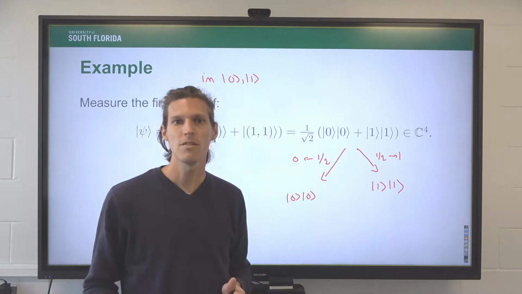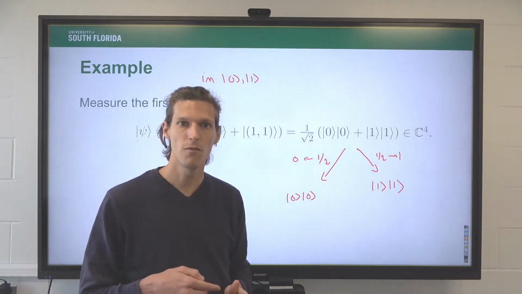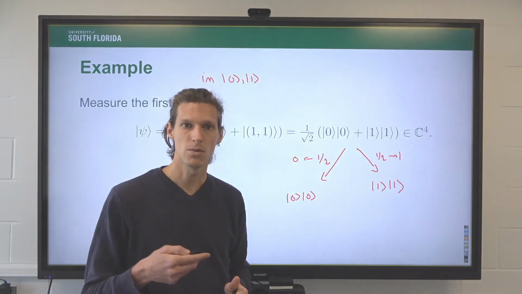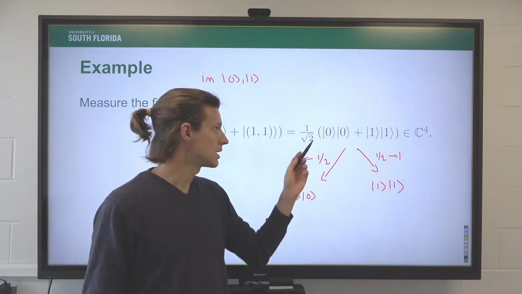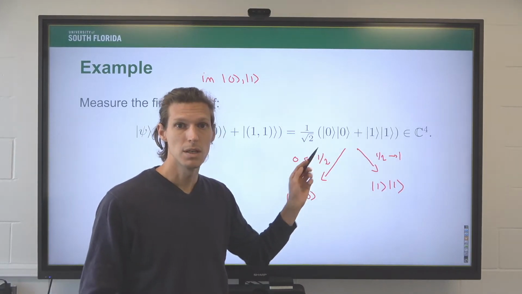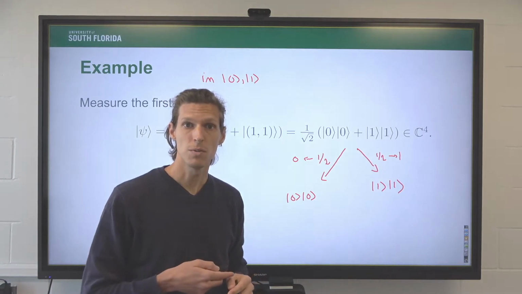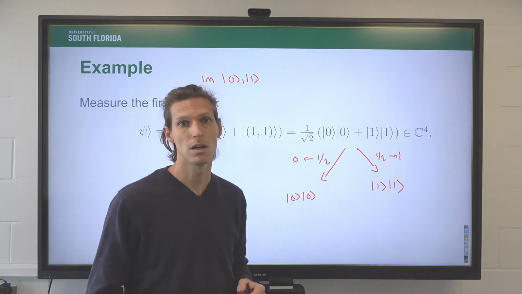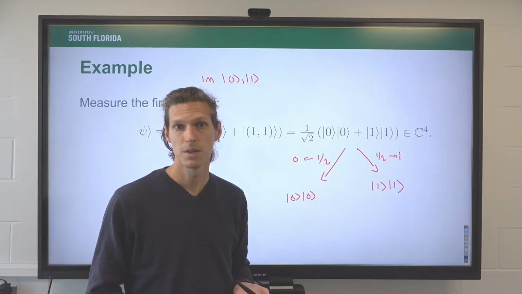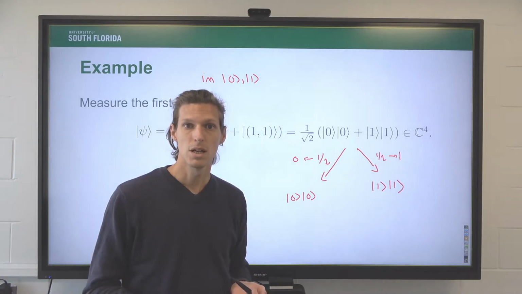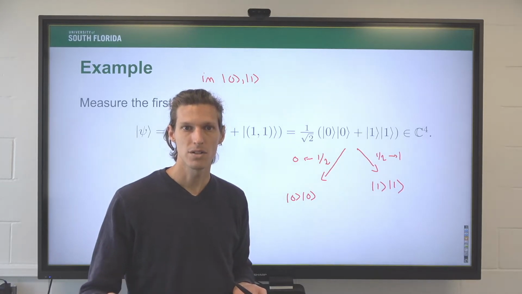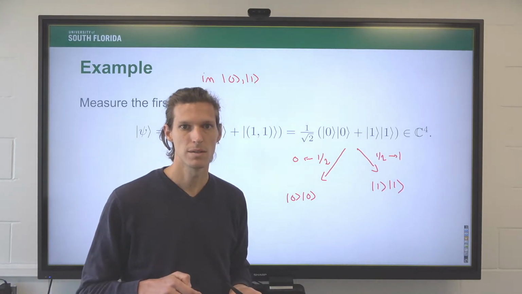But then, what if you had measured the second qubit first? What would have been your chances of obtaining a 1 or a 0? Well, again, applying the same recipe, if you measure the second qubit first, you have only a 50-50 chance of obtaining a 0 or a 1, for the same reason your first qubit had 50-50. What it means then is that the measurement of the first qubit has modified the odds of measuring the second qubit.